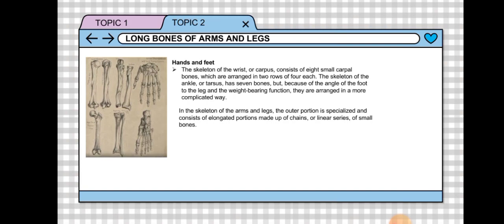So, the hand is a versatile and fine-tuned instrument. The thumb, with its skeleton of the first metacarpal bone and 2 phalanges, plays a crucial role in this.